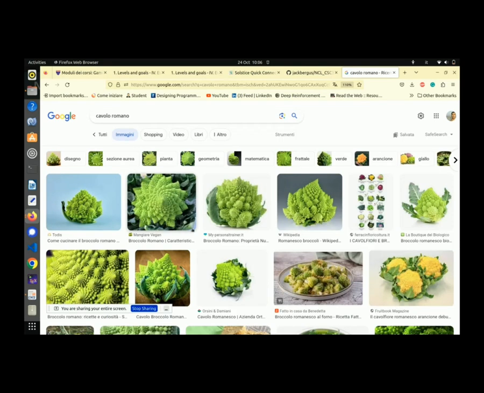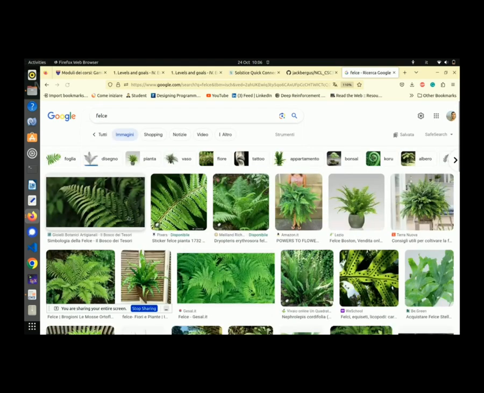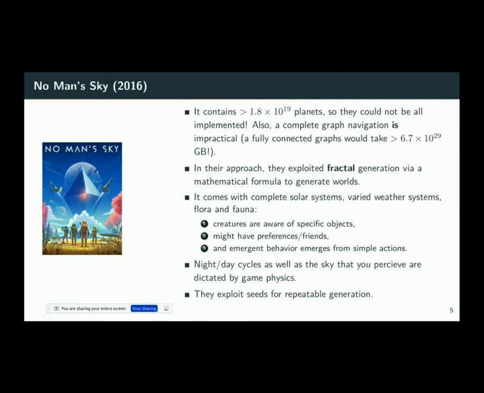You have the whole vegetable, and the smaller structure is reflecting the larger structure, and that is also associated with ferns. Also ferns, as you see, have a fractal structure. If you take one specific part of the fern, it reproduces the overall bigger shape of the fern. So fractals are very common in nature, and that's why game designers are using them, because if well tuned, they could provide something like realistic generation.